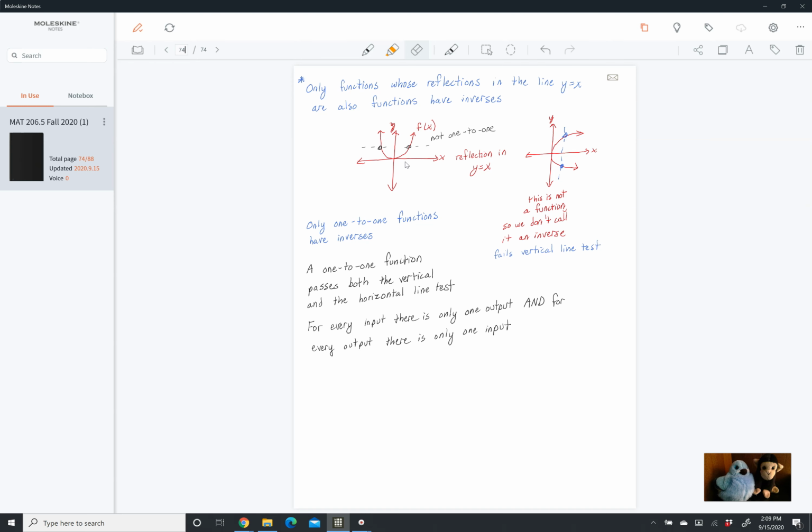Sometimes you'll see one-to-one written as 1-1. Okay, that's another way of writing one-to-one. And just so that you have some idea of the real world, examples of one-to-one functions would be a person and a social security number.